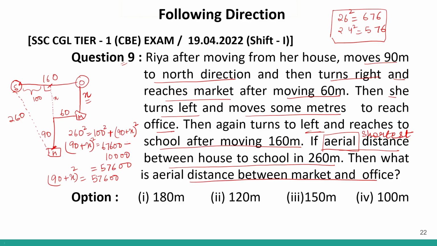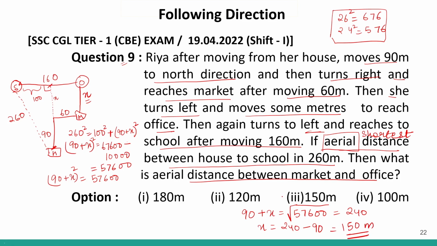Now, if I remove the square, that means 90 plus x will be equal to the under root of 57600, right? This is 240. So x will be equal to 240 minus 90, which is equal to 150 meter.